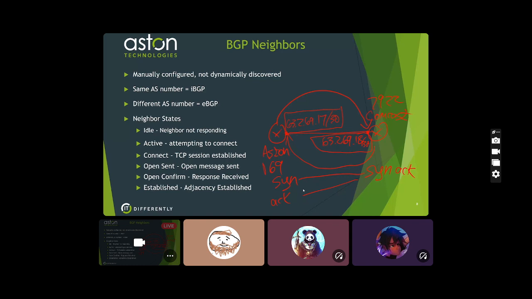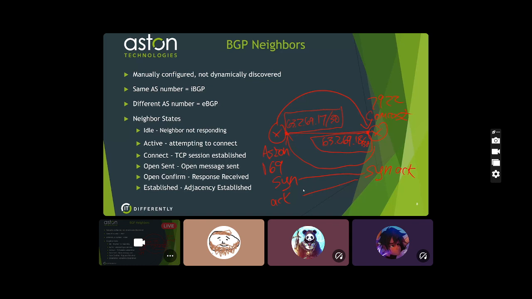BGP, because it's dealing with different companies interacting with each other, is intentionally very slow and very deliberate. Now, by very slow, I'm talking in computer terms, meaning it takes a couple of seconds instead of milliseconds.